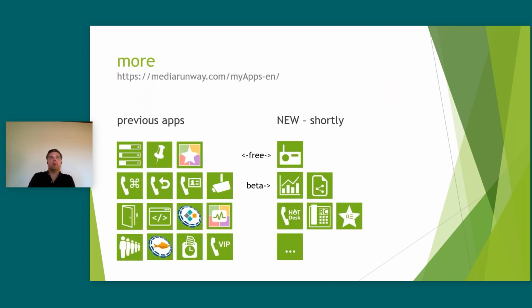Then we go to more. In the upper you see our website URL. There you can inform in English about all our apps and get the links to the wiki and the videos of the apps, if there are some.